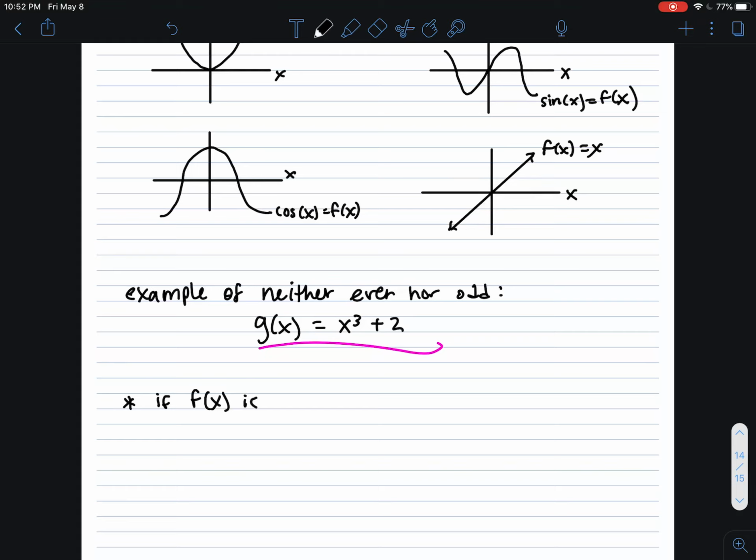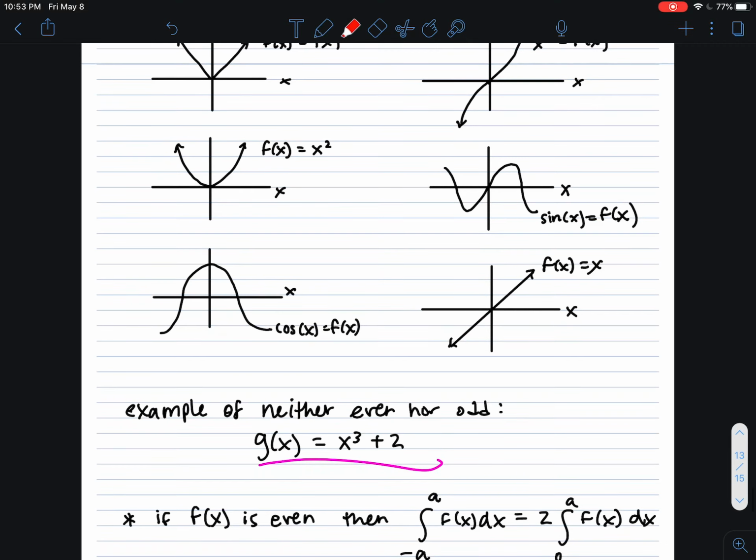So if f of x is even, then the integral from negative a to positive a of f of x dx is equal to 2 times the integral from 0 to a of f of x dx. So let's look at what's happening with our even functions.